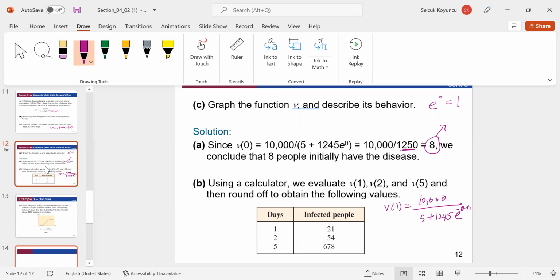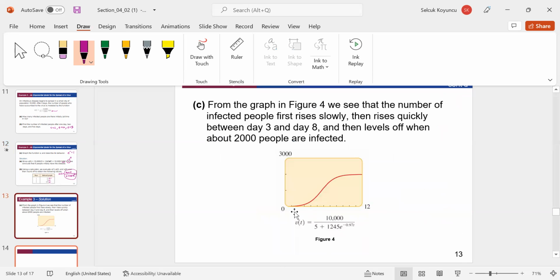If you put this in your calculator, then you will get 21. And similarly, you'll put a 2, you'll get 54. You see these numbers are exponentially growing. And here is the graph of this function, and you will see that it's an exponential graph.